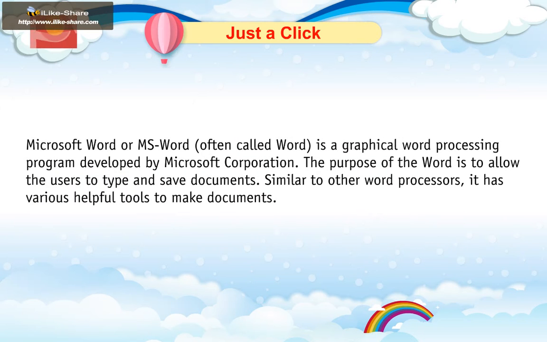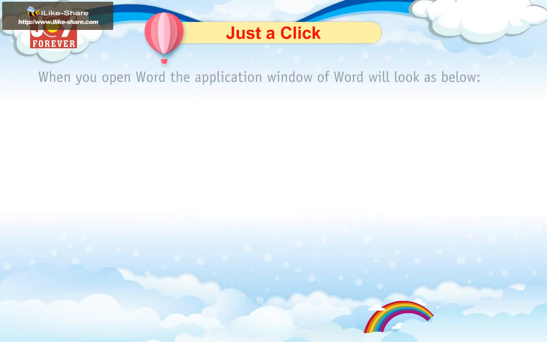Microsoft Word or MS Word, often called Word, is a graphical word processing program developed by Microsoft Corporation. The purpose of Word is to allow users to type and save documents. Similar to other word processors, it has various helpful tools to make documents.